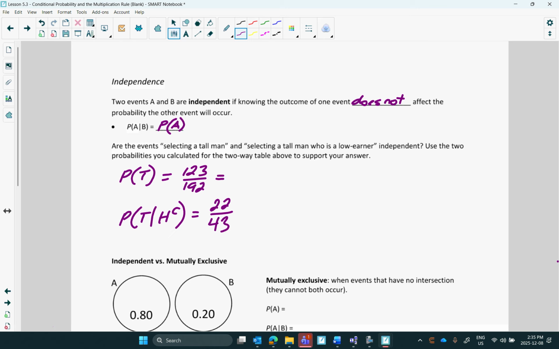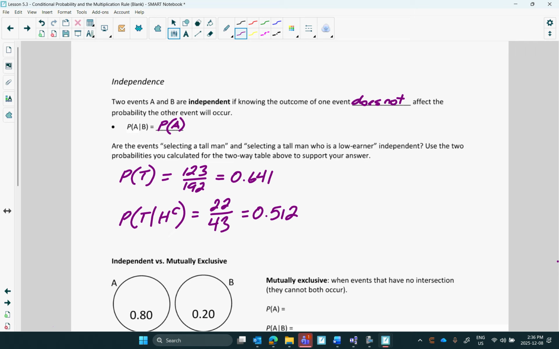Now, when we're testing for independence, a lot of times it's good to go to percent or decimal. Because I need to know if these are equal to each other or not, and it might be difficult to see in fraction form. So if I converted that to a decimal, I get about this. If I converted this one to a decimal, I get about this. If they are not equal to each other, they are not independent.